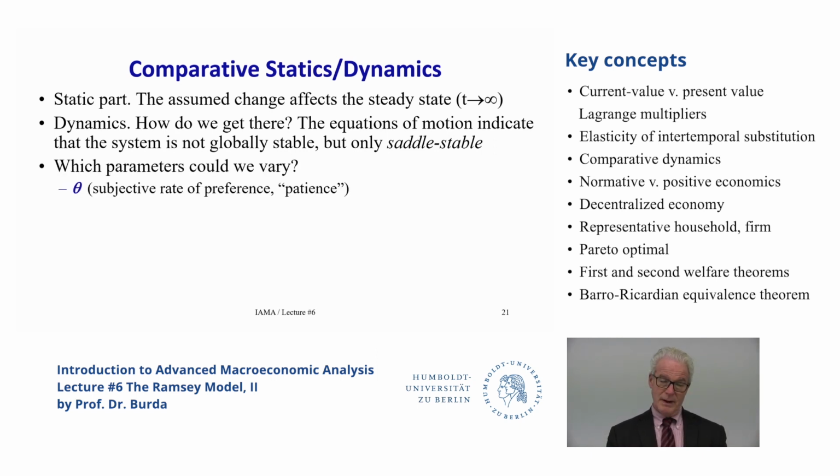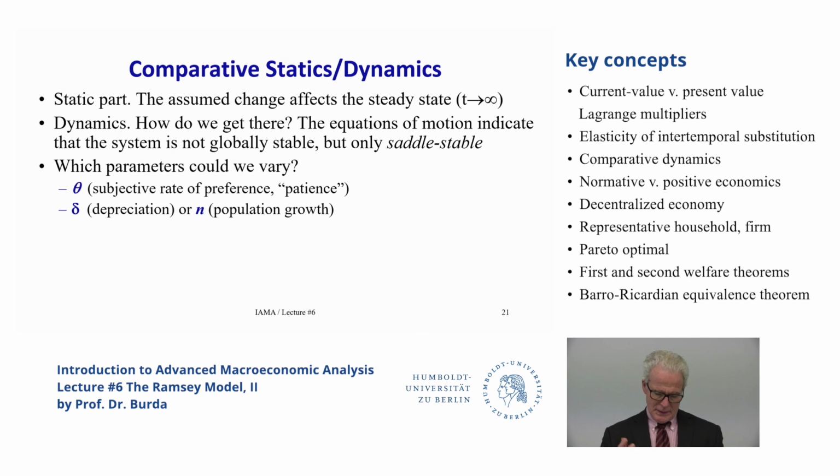And we can vary lots of parameters. I'll just vary a few in this lecture. We can discuss the subjective rate of time preference, call it patience if you like. Technically, the higher theta is, the more impatient we are, the more we discount the future.